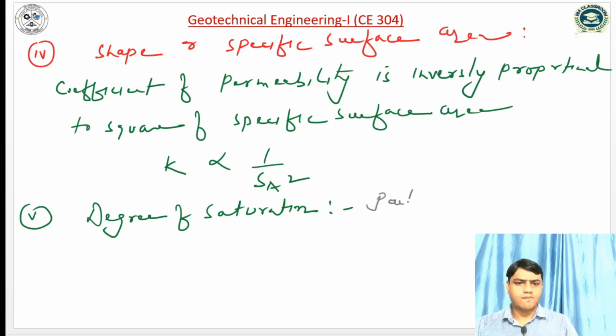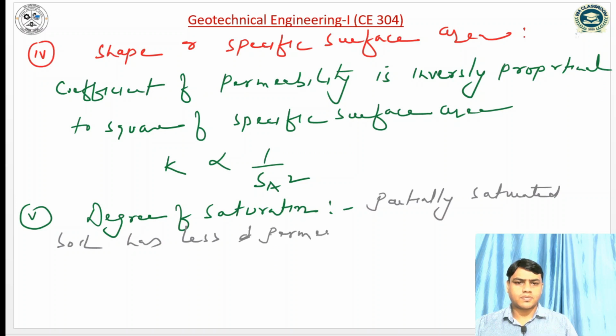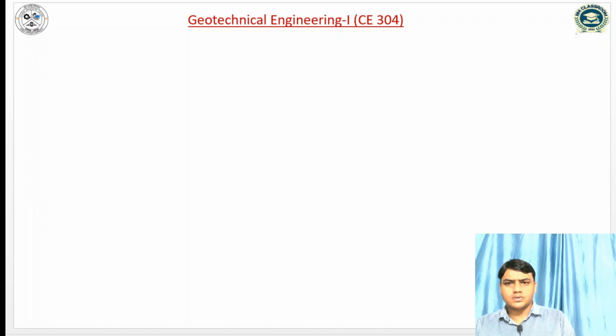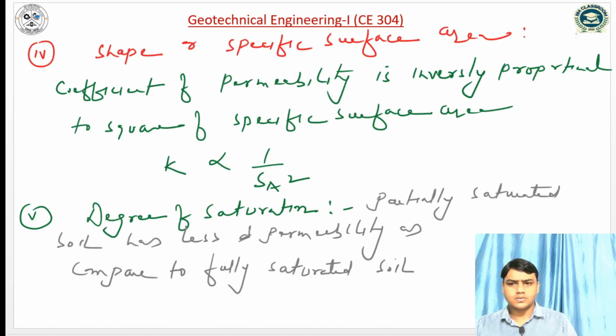So partially saturated soil has less permeability as compared to fully saturated soil. So these are the fifth.